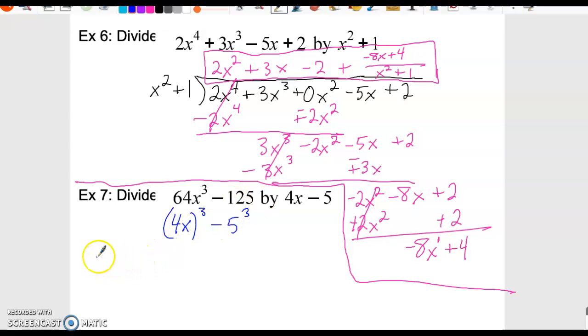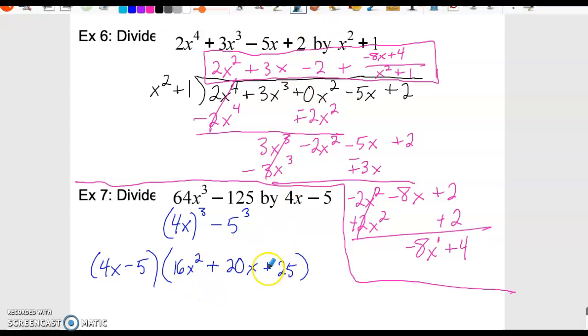So if you remember from that difference of cubes, we would write it as 4x minus 5, and then it would be 16x squared, because you have to square both the 4 and the x, and then you have to multiply, and you change the sign, so it becomes plus. 4 times 5 is 20x, and then always positive because you have to square that 5, so it's 25 there.